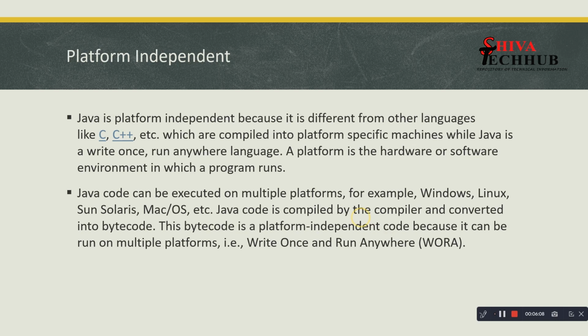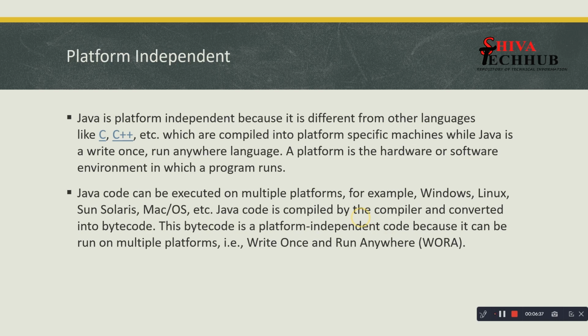Also, a platform is a hardware or software environment in which a program runs. No matter if the platform, hardware or software, is different, whenever you take a class file, it always runs. If you consider the second point in this slide, it can be executed on multiple platforms, like Windows, Linux, Sun Solaris, Mac, right?